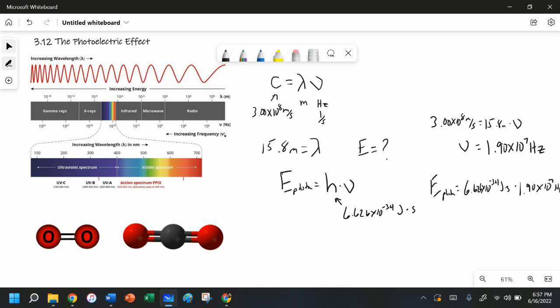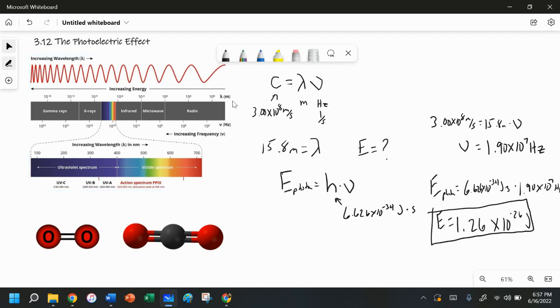And so if we multiply those two together, and I'm going to, again, use the entire frequency on my calculator, we get the energy of this photon to be 1.26, rounding for 3 significant digits, times 10 to the negative 26 joules. And so that's how much energy one photon of this light has.